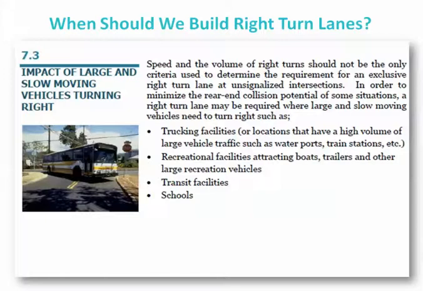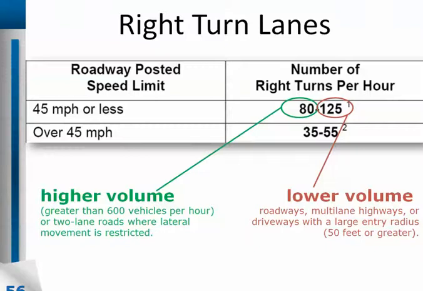Sometimes when there's a trucking facility, or a school that's going to be used by a lot of school buses, or the possibility that a school has a drop-off center that could back out, that right turn lane is helpful, even if there aren't the numbers that you see here. Many times in our publications, you will find that we say the professional is in this business not just to read a chart, but to make decisions based on the conditions.